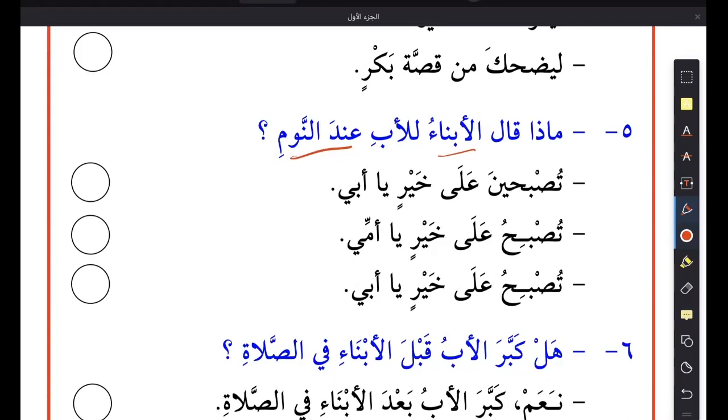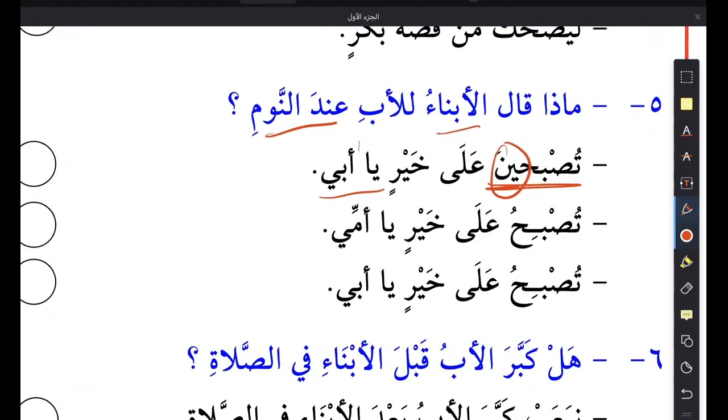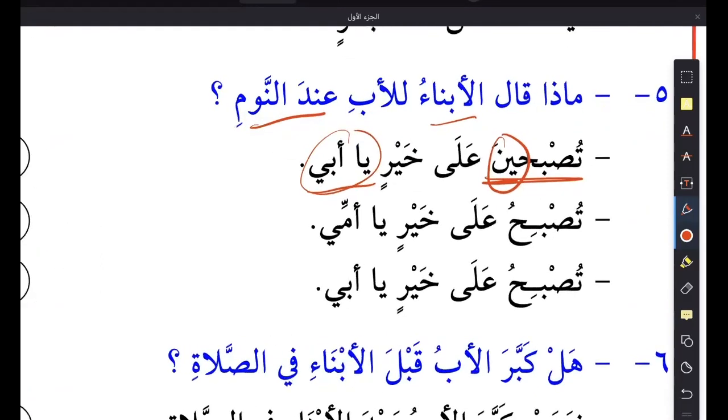So yeah, this is a little bit of a grammar issue as well. So here, if you say tusbihina, then you cannot say abi, because tusbihina, it refers to what? We studied this one a little bit, that with this one you say ta'kulina, okay, tadhabina. It refers to what? A female, second person female. So if you're referring to the male, the father, you cannot say tusbihina.